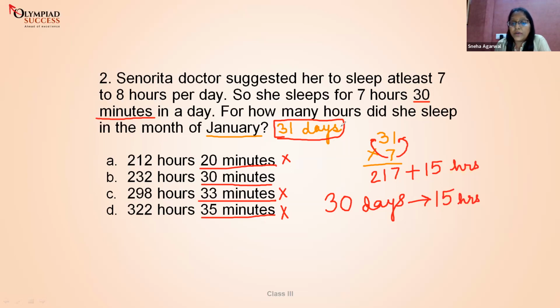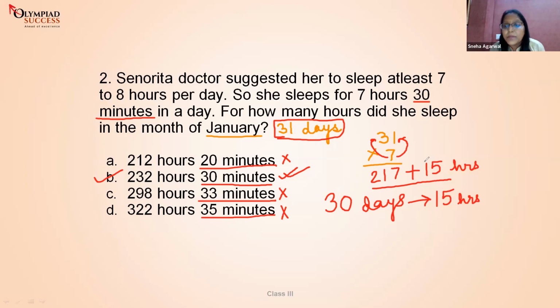For an odd number of days, you will be having 30 minutes left, because we are getting 15 hours for 30 days and still we are left with 1 day's 30 minutes. So 30 minutes we are having only in one option, so we can go with only one option. And now even if you add 217 plus 15, this will also give you 232 hours. So it means that she is sleeping for 232 hours and 30 minutes in the month of January.